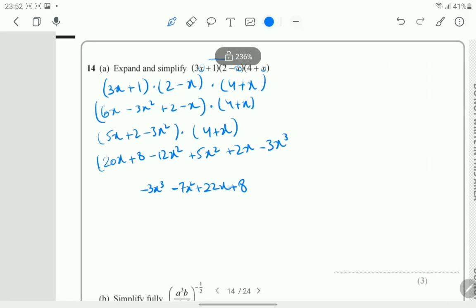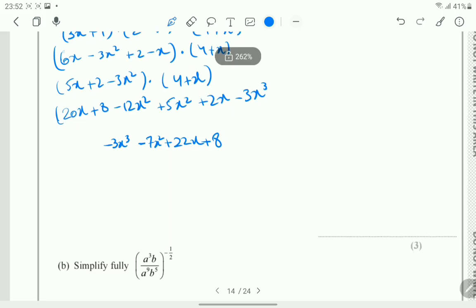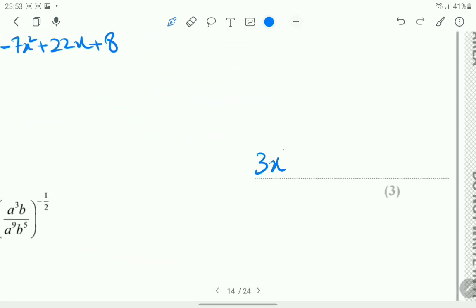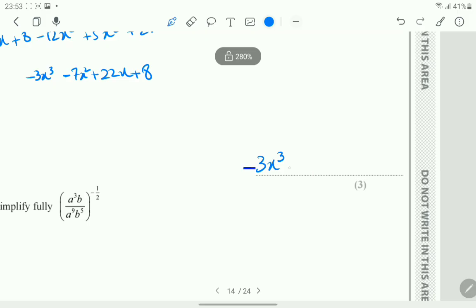We have now expanded and simplified this. You can write it down in the final answer line. Plus 22x plus 8 secured the marks.